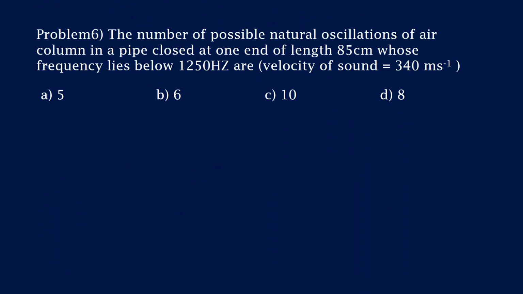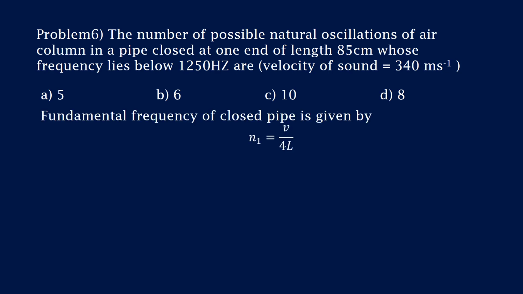Option C is correct. In this question, asked to find number of possible natural oscillations of air column in a pipe closed at one end of the length 85 cm, whose frequency lie below 1250 Hz are. Now, natural frequency of closed pipe is given by N1 is equal to V upon 4L.